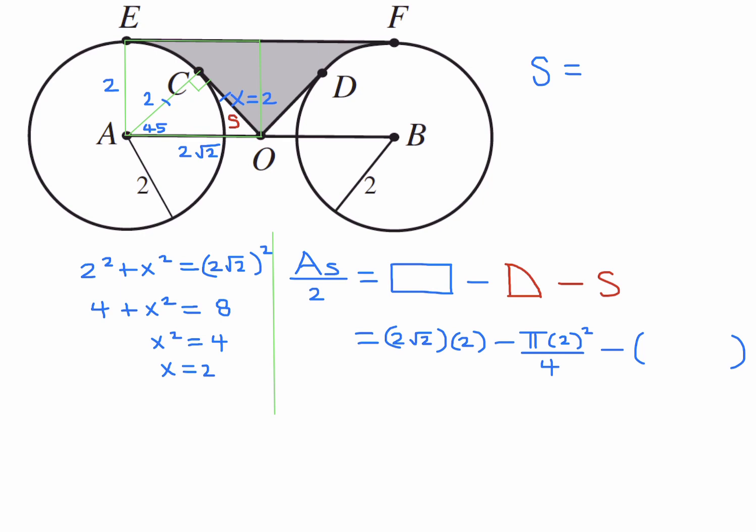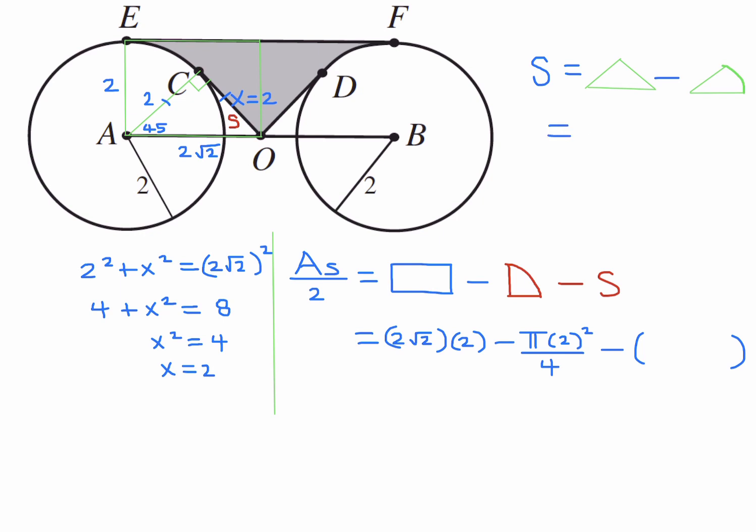First, I will take the triangle, and I will subtract from that the pi segment that is right here. So here we go.